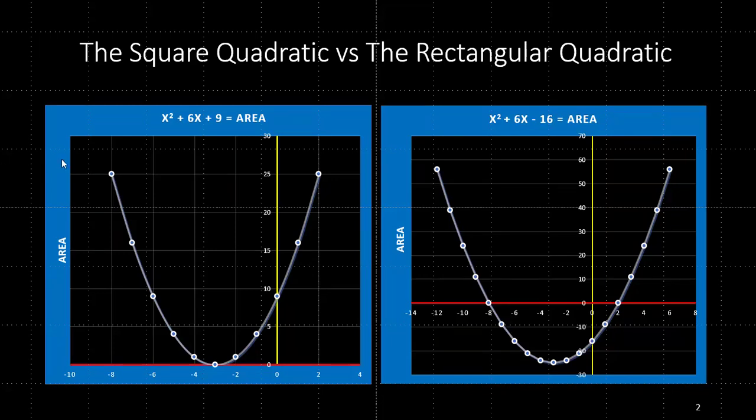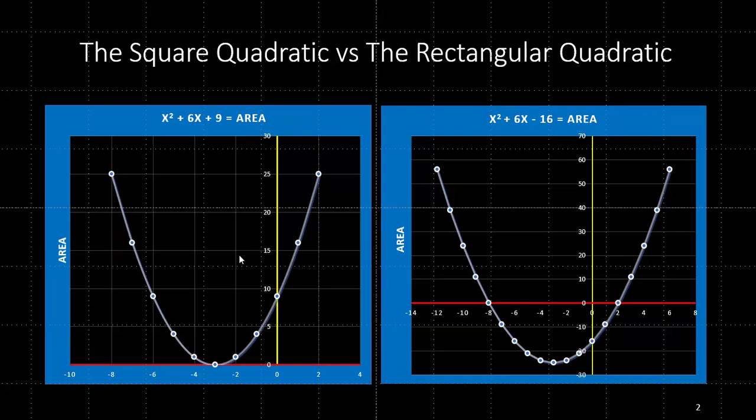In this slide, on the left-hand side, the graph represents the area of a square quadratic equation, and the graph on the right-hand side represents the area of a rectangular quadratic equation.